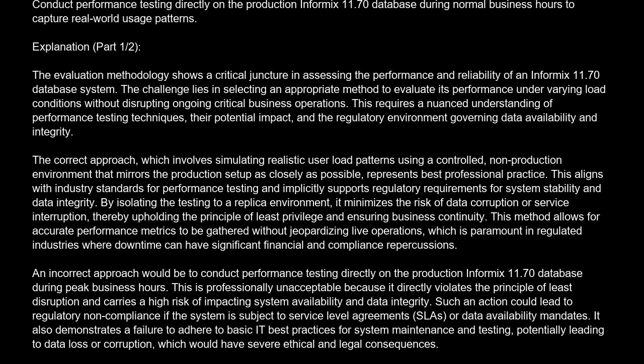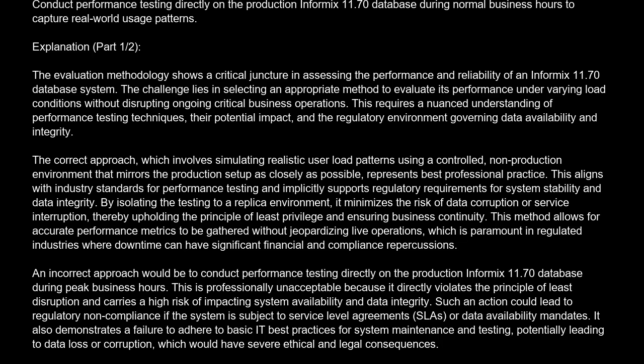availability and integrity. The correct approach, which involves simulating realistic user load patterns using a controlled, non-production environment that mirrors the production setup as closely as possible, represents best professional practice. This aligns with industry standards for performance testing and implicitly supports regulatory requirements for system stability and data integrity.